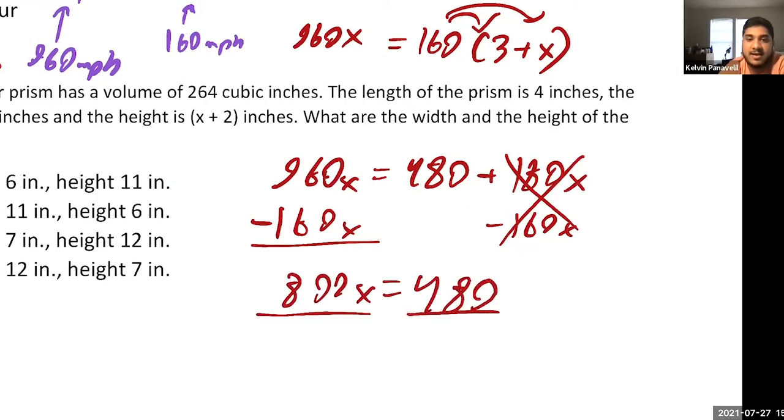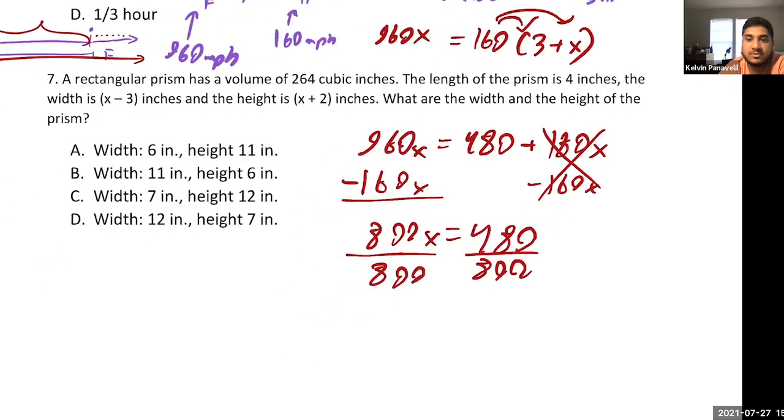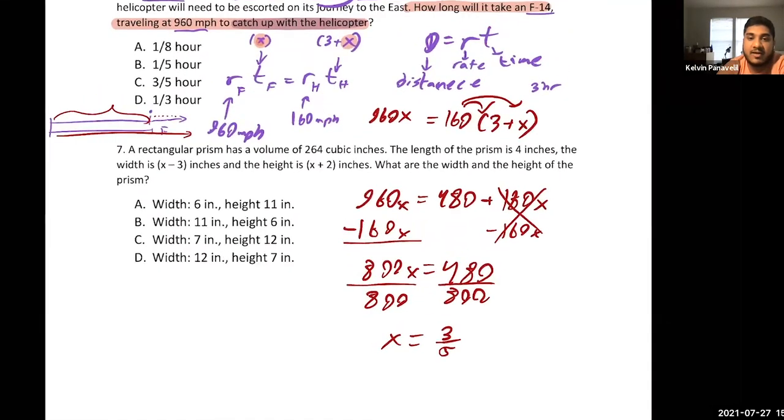Finally, divide by 800. And what do we get for X, guys, in the chat? X equals... awesome, right? You're going to get some decimal, or if your calculator converts fractions, awesome, right? 3/5. Great job.